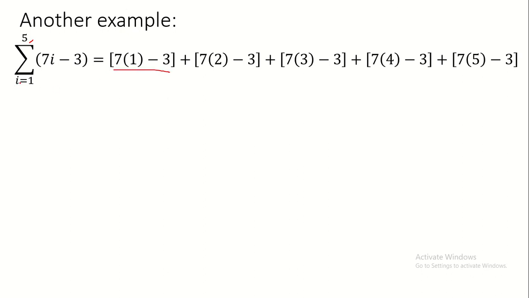If we plug in i equals 2, we have 7 times 2 minus 3. If i is 3, we have 7 times 3 minus 3. If i is 4, we have 7 times 4 minus 3. And lastly, if i is 5, we have 7 times 5 minus 3.